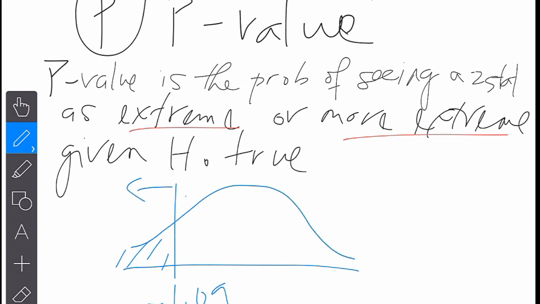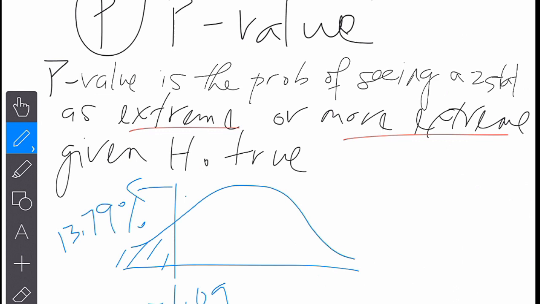So I get 13.79%. So the chance of seeing a sample mean that's one standard deviation below the actual assumed mean is 13%. So the chance of seeing that is 13%.